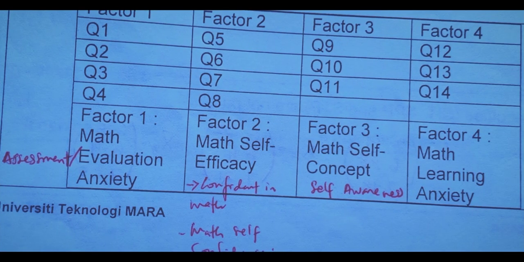Yang kedua, math self-efficacy. Can we see kenapa dia kata macam tu? Sebab dia tanya soalannya adalah I believe I can learn well. I believe I am the type of the person who can do mathematics. I feel I will be able to do well. So ini adalah tahap dia punya confidence ataupun efficacy in mathematics. Faktor yang ketiga, kenapa diletak sebagai math self concept ataupun self awareness?